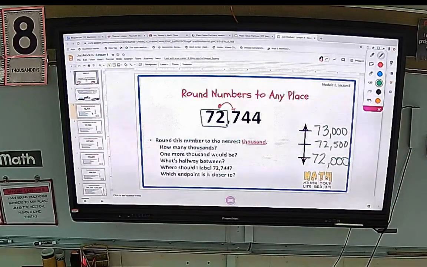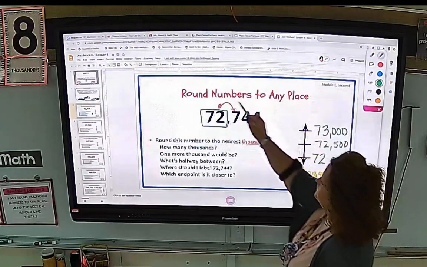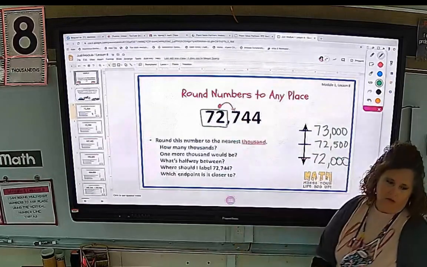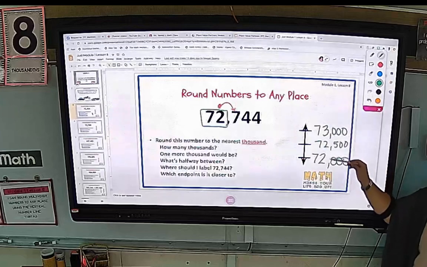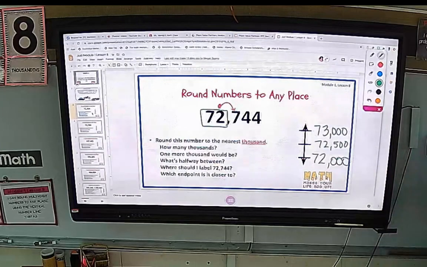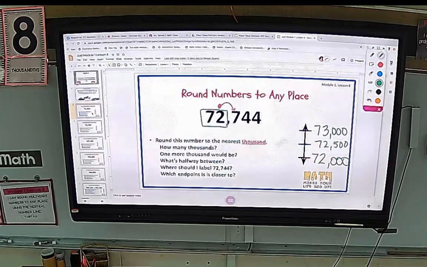Good. All right, y'all know what to do at this point. Put a dot on the number line where you think this number belongs. If we've got 3 benchmark numbers, we've got 3 numbers to guide us. We know our number is somewhere between those 3 dots.